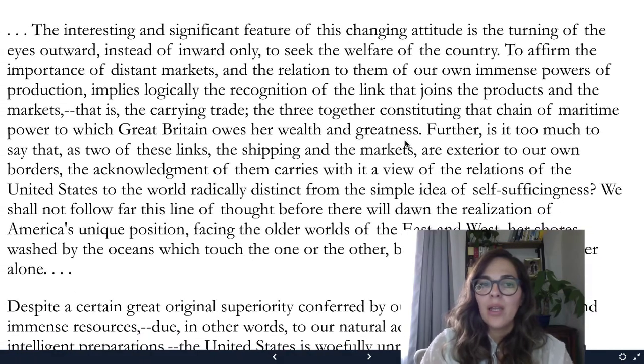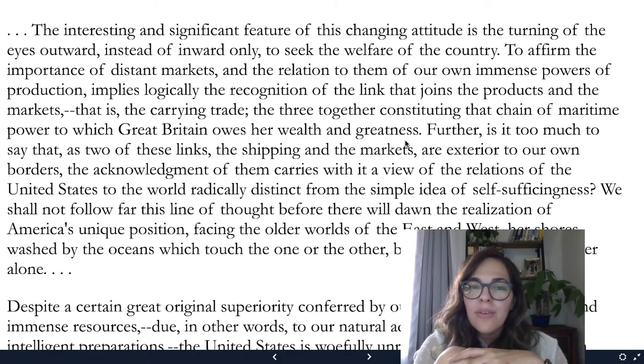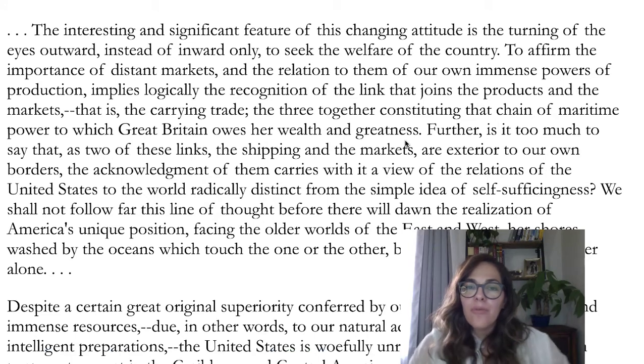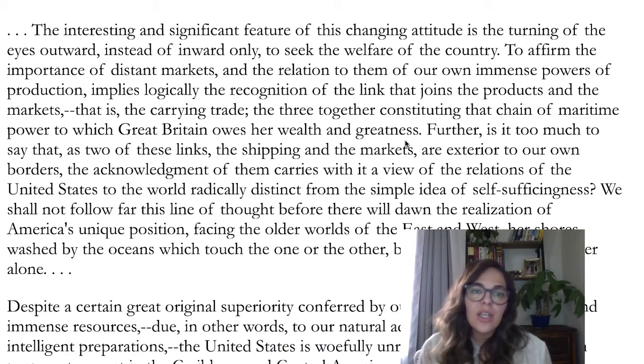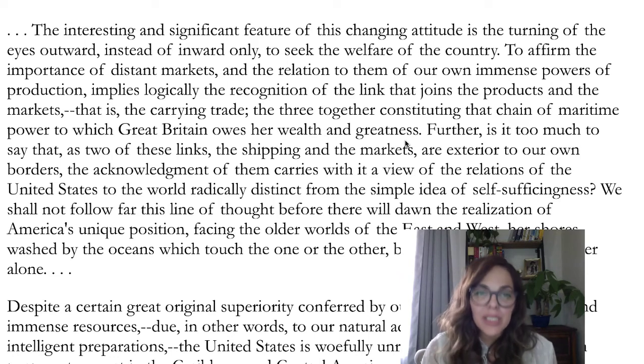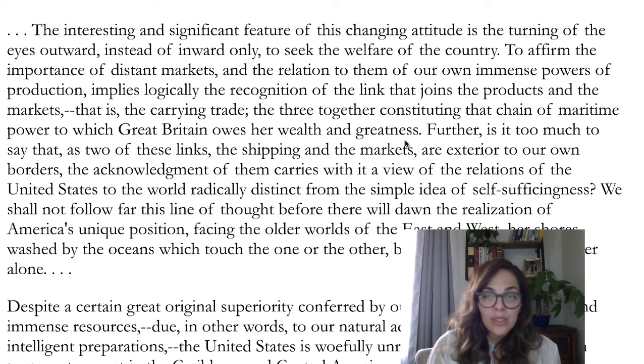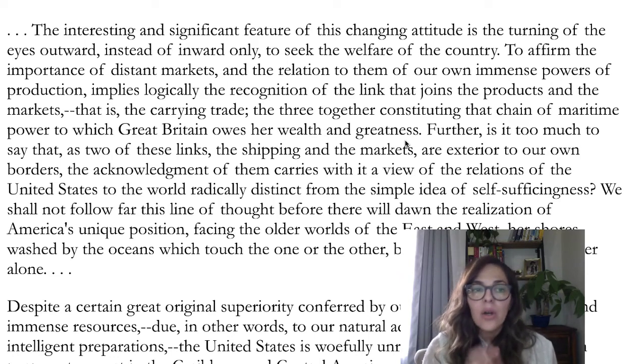Okay. We shall not follow far this line of thought before there will dawn the realization of America's unique position facing the older worlds of the East and the West, her shores washed by the oceans which touch the one or the other, but which are common to her alone.